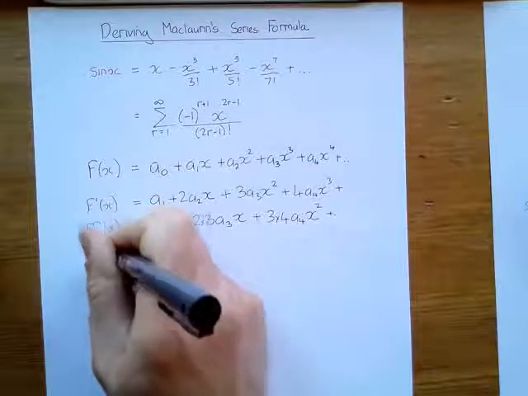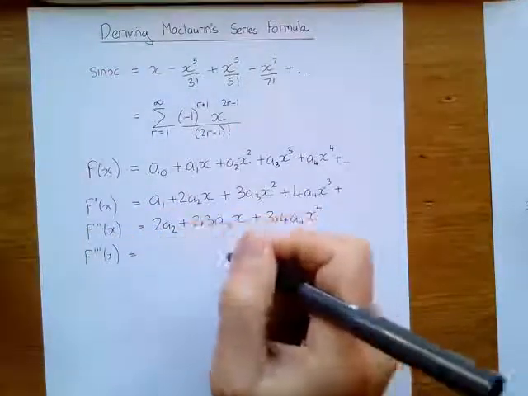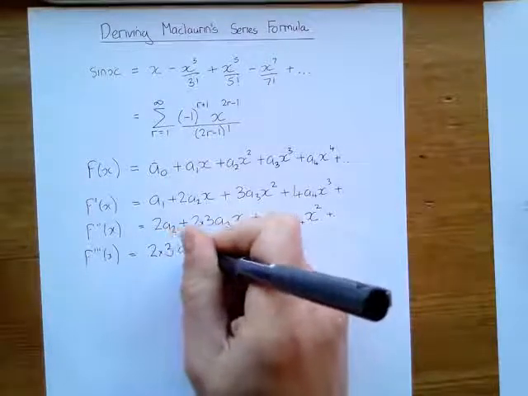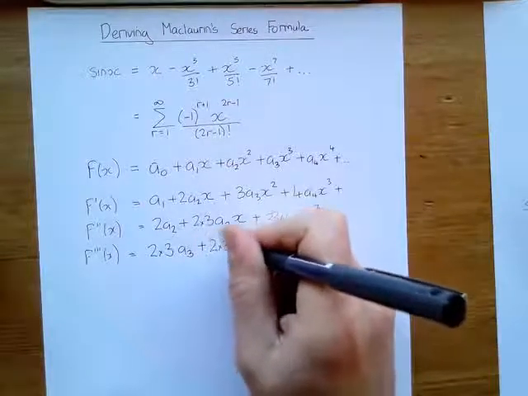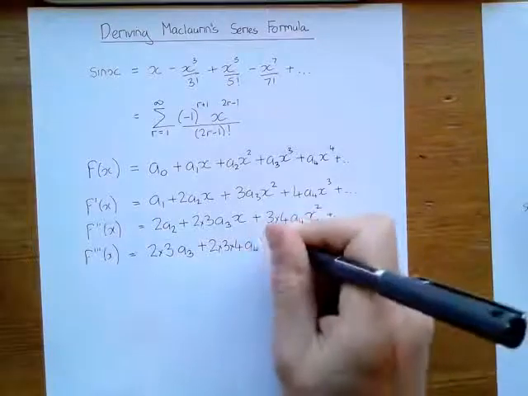Let's do f triple dash of x then. So f triple dash of x would be 2 times 3, a3, plus 2 times 3 times 4, a4, plus some more terms.